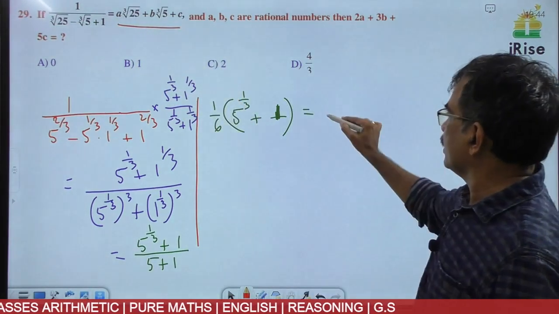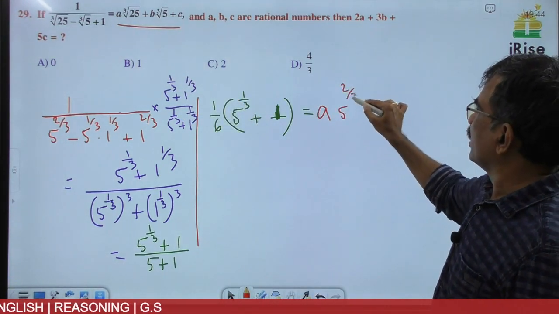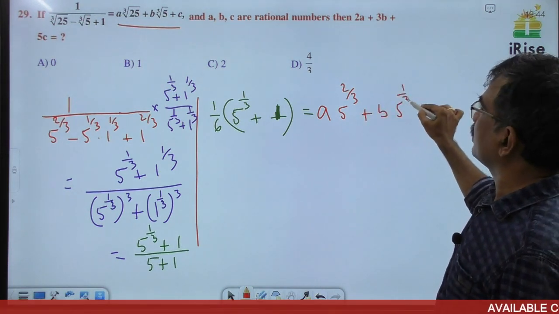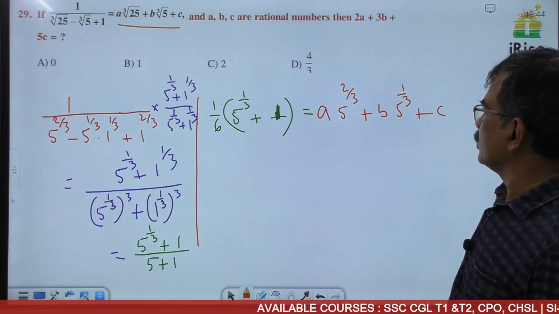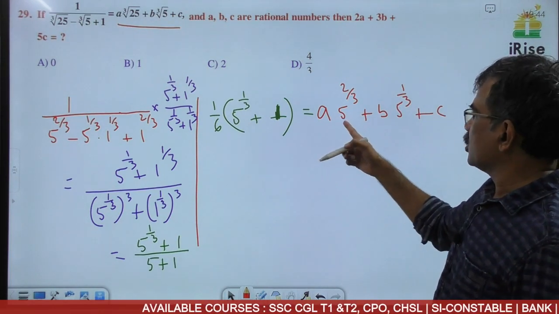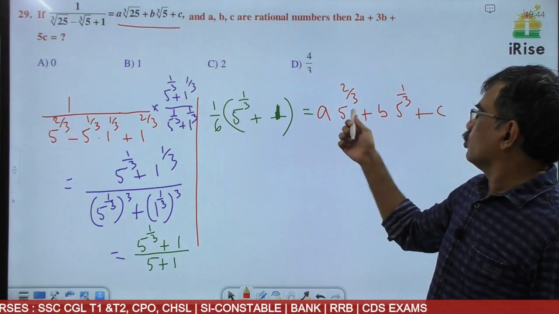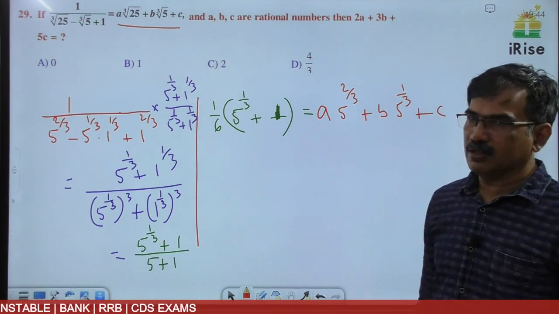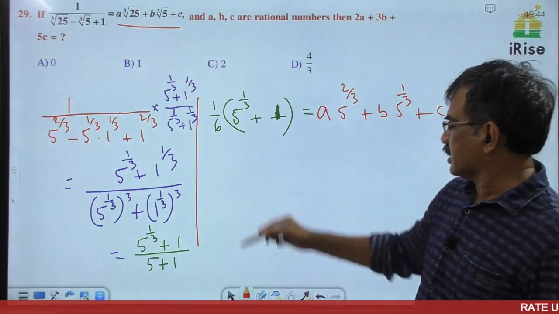This is nothing but a into 5 power 2 by 3 plus b into 5 power 1 by 3 plus c. Compare these two. This is equality of surds. 5 power 2 by 3 is a surd, 5 power 1 by 3 is a surd, and c is a rational number. There is no 5 power 2 by 3 on the left hand side.